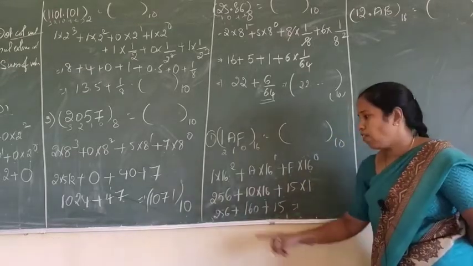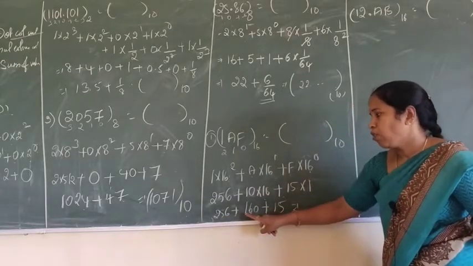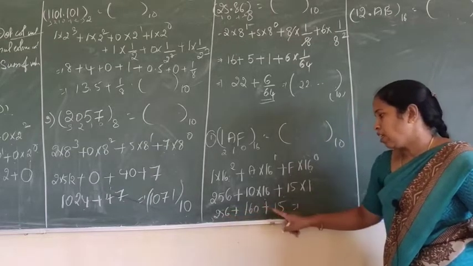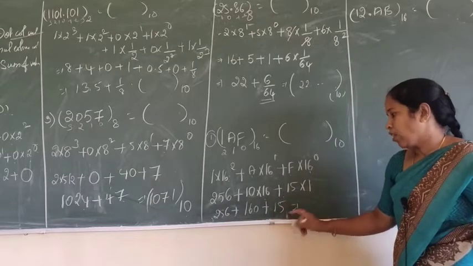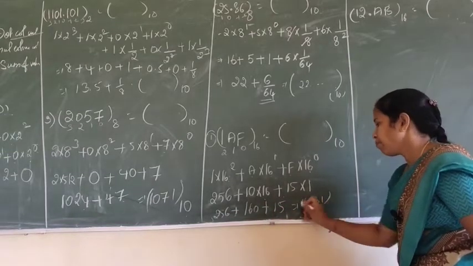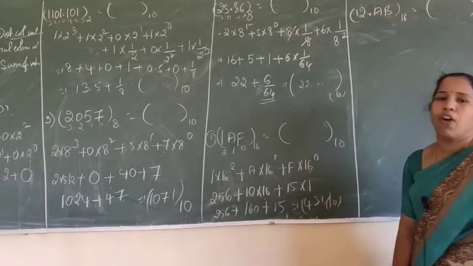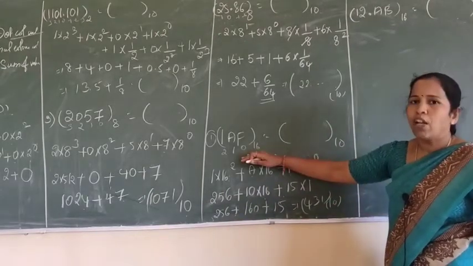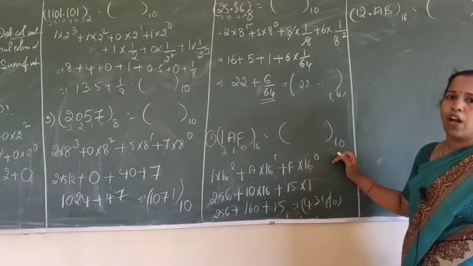So what will be the total value? 256, 416, 431, with the decimal base 10. So converting a hexadecimal value into a decimal value.